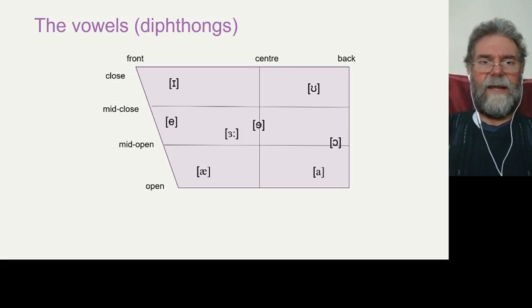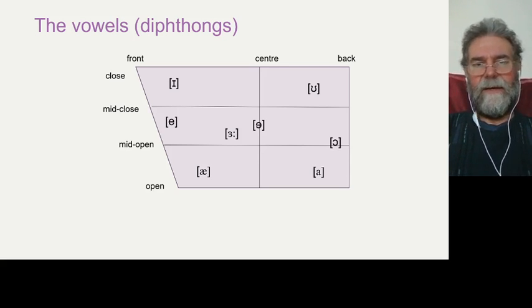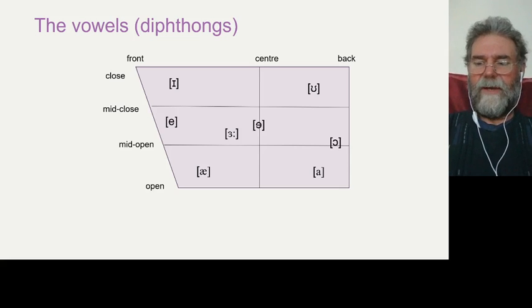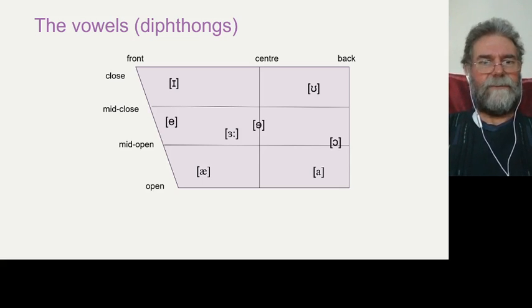There are some dialects where you do. Over in the east, for example, you have some diphthongs used. So, for example, the name Yoji in the East is often pronounced as Yaoji, and that involves a diphthong.